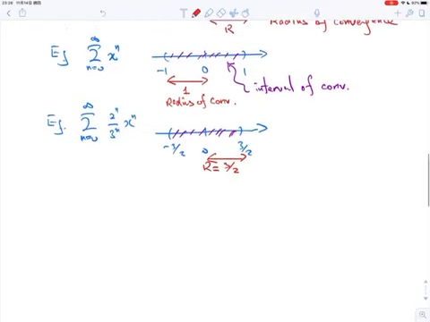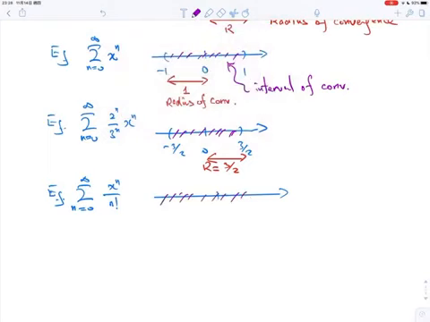And in the case of the second example that we looked at earlier, because it converges everywhere, the interval of convergence would be the whole axis.